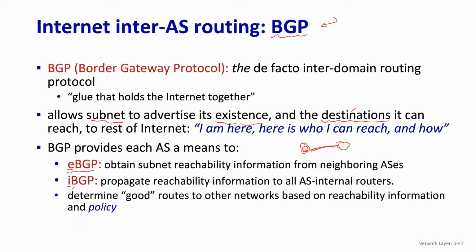So the main thing for these kinds of protocols is how to choose the best path or routes based on two criteria. The first one is the reachability information, which each protocol should provide, right? But the other key point for BGP is the policy.